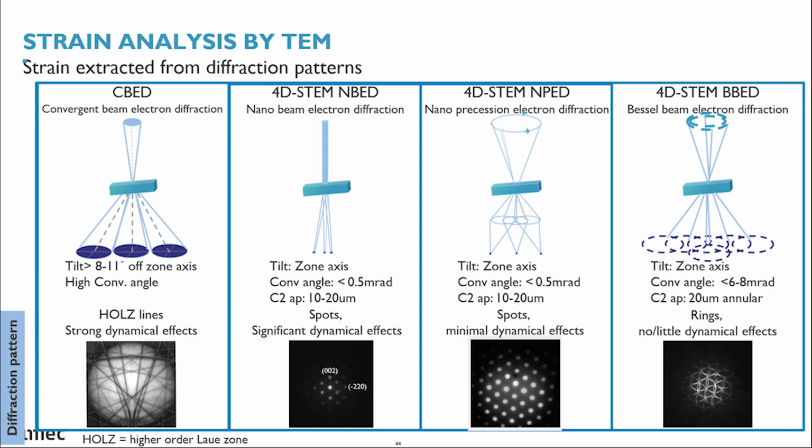We have dynamical effects when we have multiple scattering of electrons through the TEM specimen, and this can be seen in the non-uniformity in intensity in the diffraction spots. This limitation is overcome with precession and with bessel beam electron diffraction.